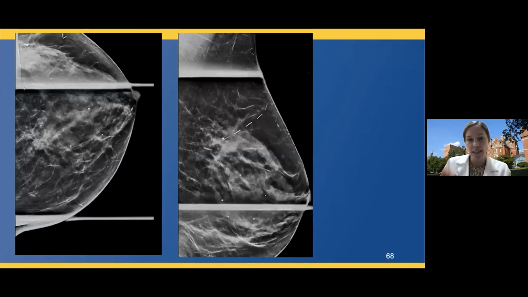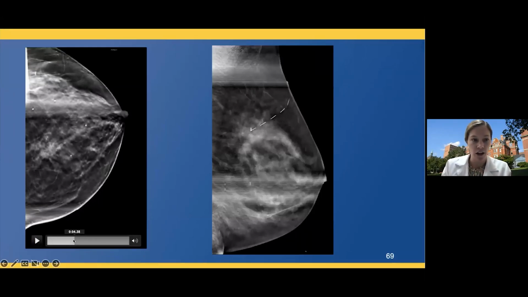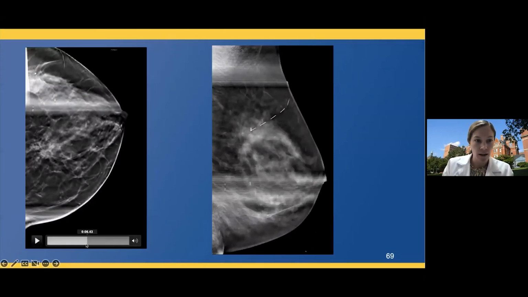So just like for those cases that I showed earlier, this patient had a full workup. So we did spot compression views. Here are the CC and MLO spot compression views. I think you can see that there is a focal asymmetry on these reconstructed C-view images, but on the tomosynthesis images, I think we can really appreciate that there is an architectural distortion that's associated.